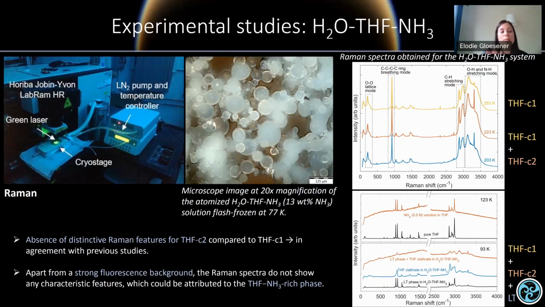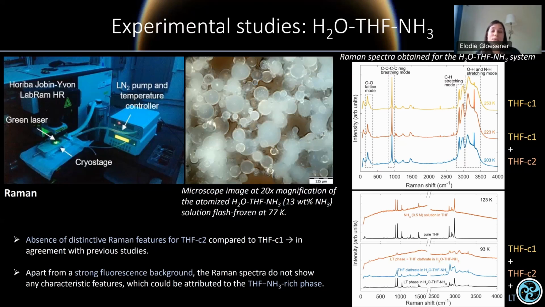So this is the typical setup of an experiment on the left, and the additional components are a temperature controller here and a dewar filled with liquid nitrogen that allows us to cool down our sample. So if you look on the right here, you have examples of Raman spectra we obtained in the stability regions of the THF C1 and the THF C2.